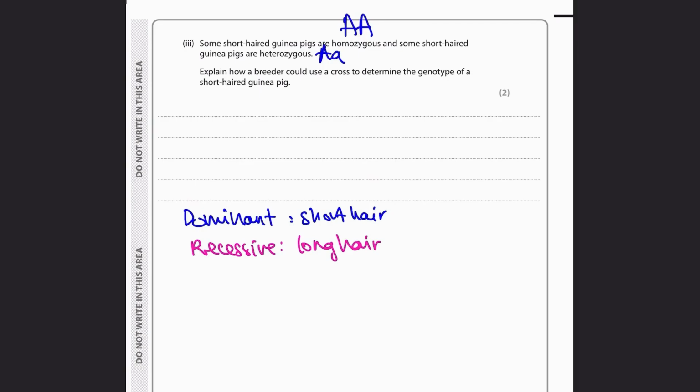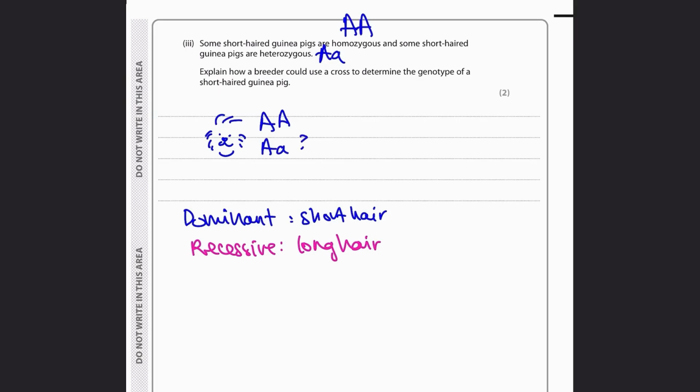It says here, explain how a breeder could use a cross, in other words, a mating, to determine the genotype of a short-haired guinea pig. So I want you guys to pay close attention here. This is a short-haired guinea pig. Now, I don't know if it is a big A or a big A, small a.